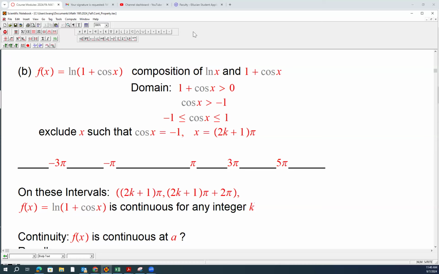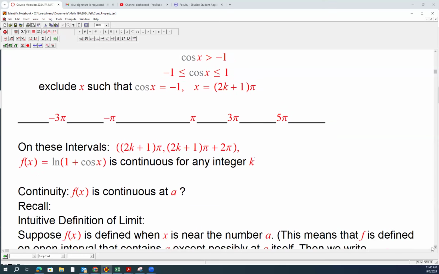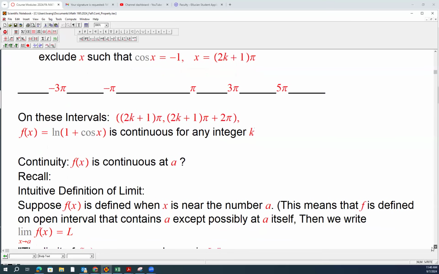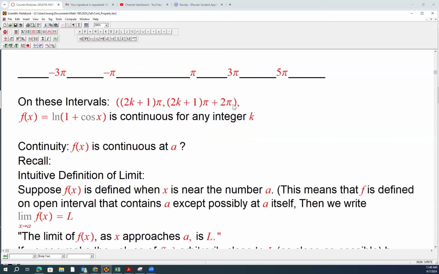You can see it combines knowledge of the logarithm function and trig functions. Yeah, you can simplify this. I hear you. If you combine these two, it's going to be plus 3 pi, really.